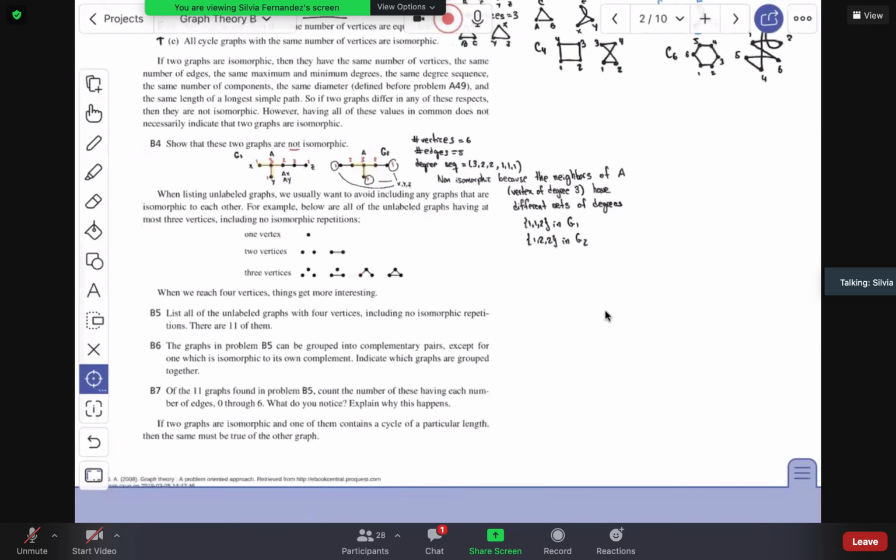So if you find one of those things in which they differ, then the graphs are not isomorphic, and that will be your explanation. Let's practice with some of these problems.